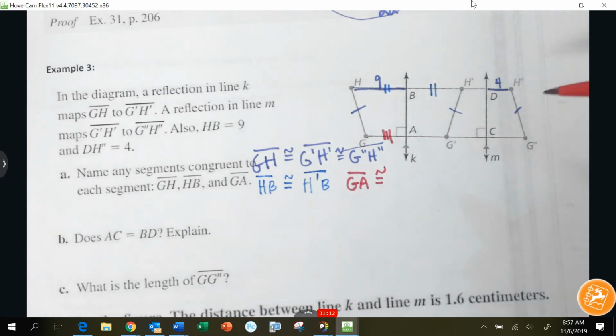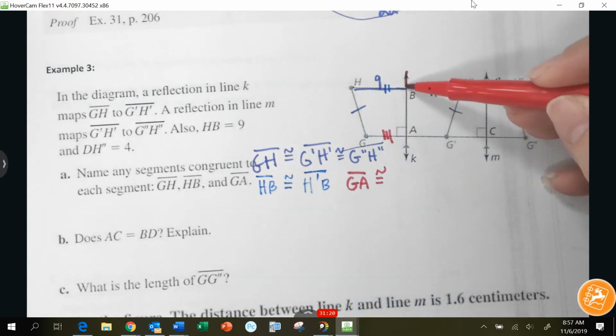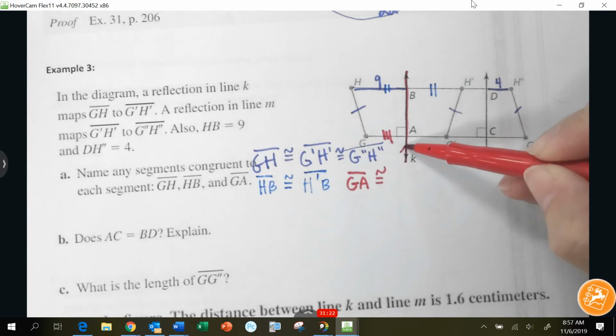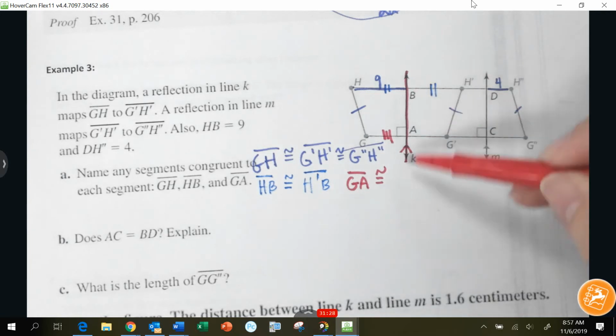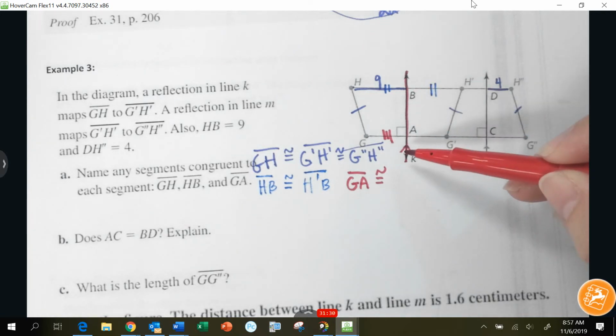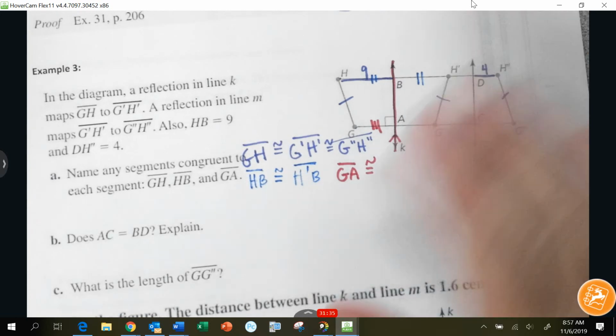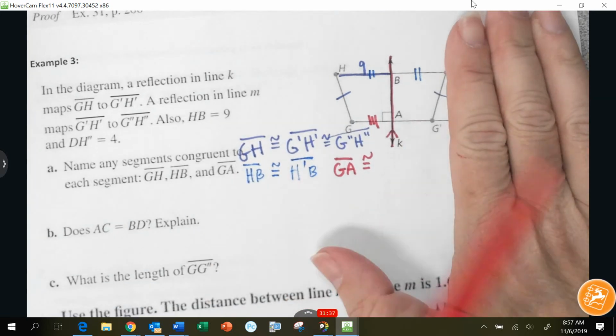It's not going to be G prime and C. What's happening over this line? What's happening in this red line? If I'm not even looking over here, what is this line used for?